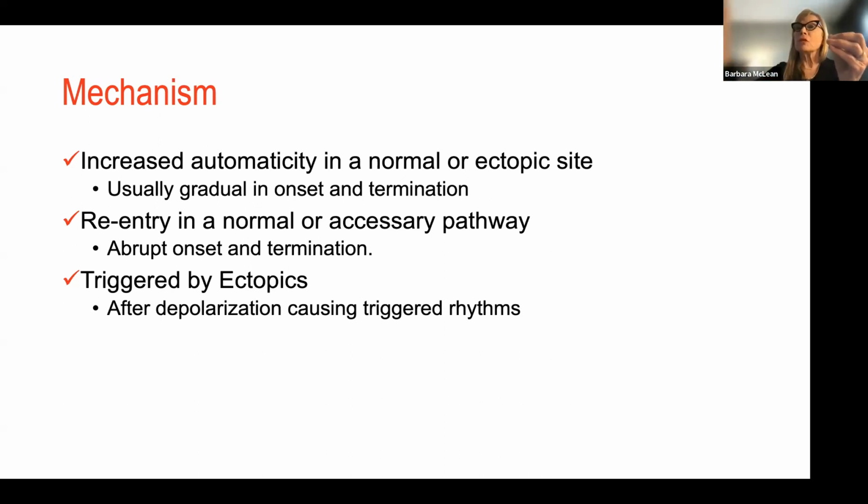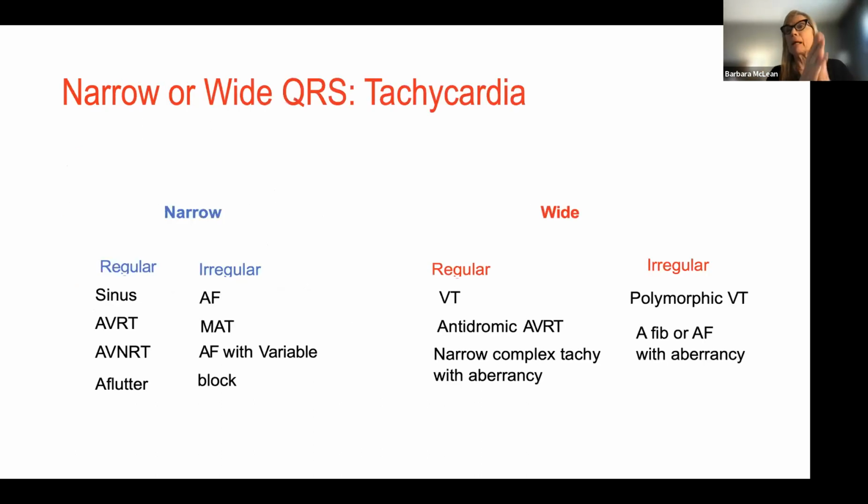So what happens is you get into a circle reentry, you fire, and perhaps you go down the AV junction, then back up the accessory path and down the AV junction and back up the accessory path. That's commonly what we see in WPW. Now, most of these rhythms, or abnormalities, are actually triggered by ectopic beats.